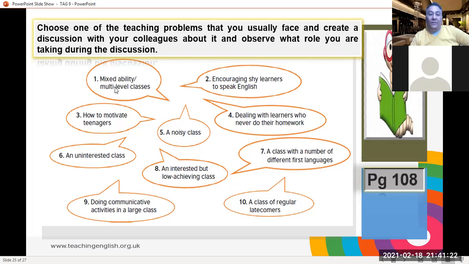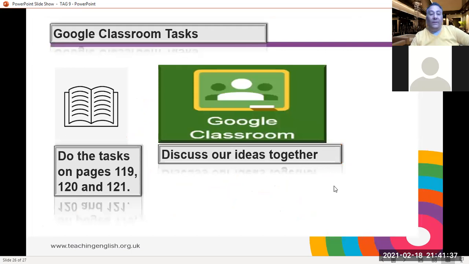Think about one issue and discuss it with a peer or some group of peers, and then you can check it on page 108. Our tasks should be on pages 119, 120, and 121. Discuss our ideas together on Google Classroom.